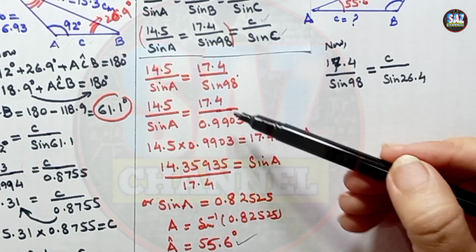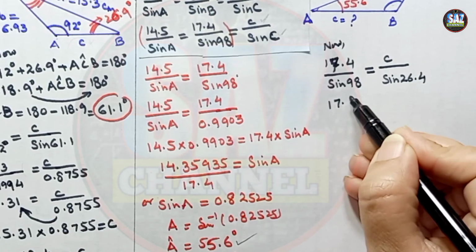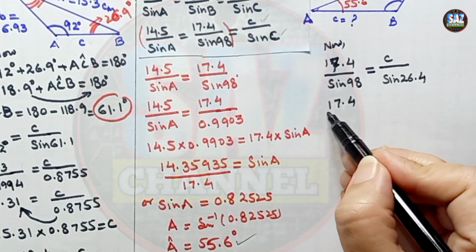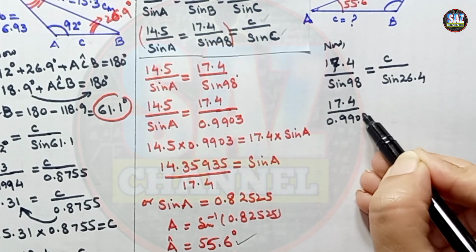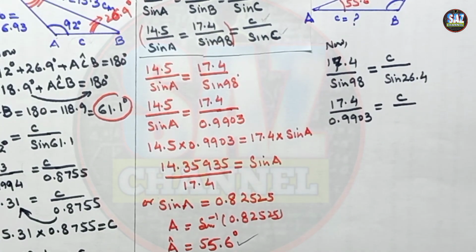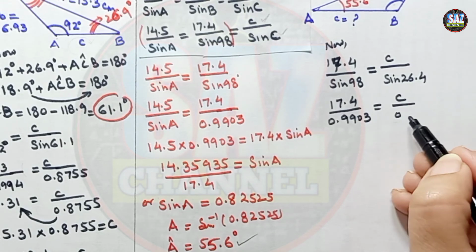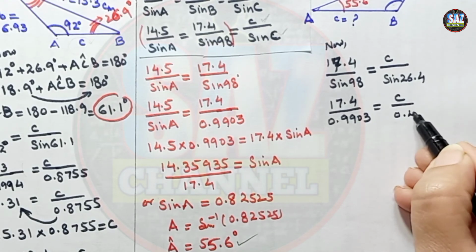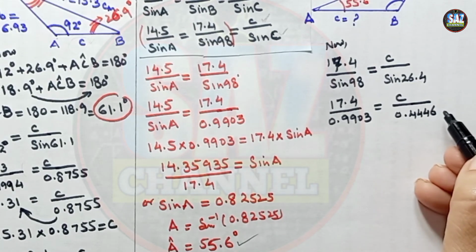The calculation of 17.4 upon sine 98 is already done, so I will copy it carefully: 0.9903 equals c upon sine 26.4. Taking the sine of 26.4 gives me 0.4463.